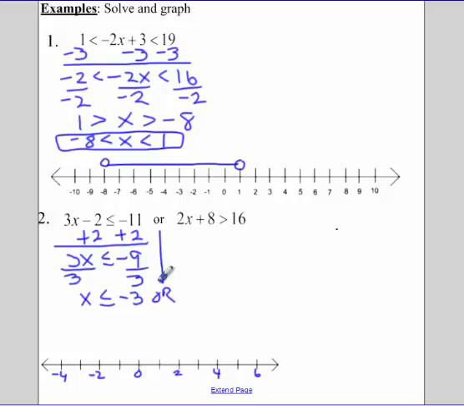Now we're going to solve 2x plus 8 greater than 16. Minus 8 from both sides. 2x greater than 8. Divide by 2 on both sides.